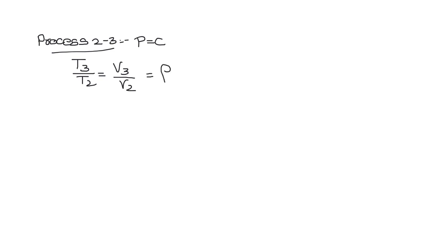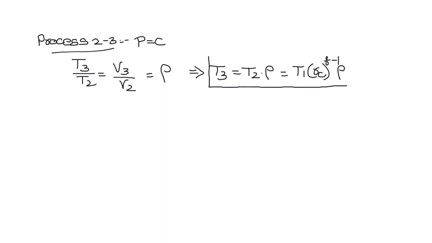V3 by V2 is nothing but the cutoff ratio, denoted by rho. So T3 can be written as T2 into rho. But T2 is T1 into Rc power gamma minus 1, so T3 is T1 into Rc power gamma minus 1 into rho. So we got T3 in terms of T1, compression ratio and cutoff ratio.